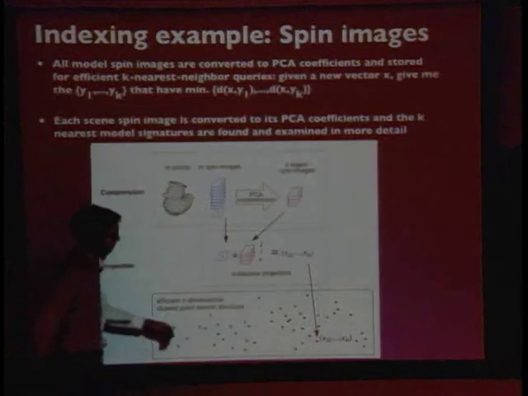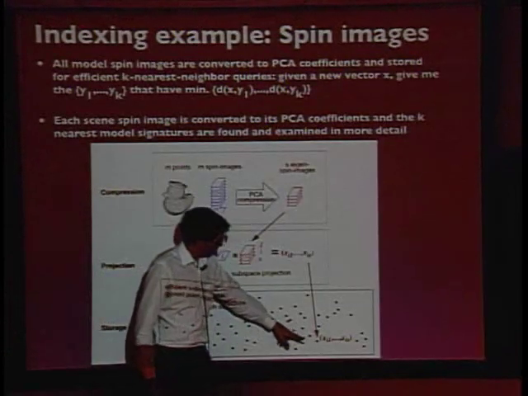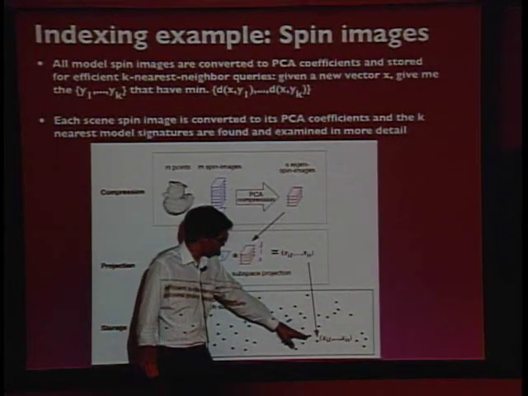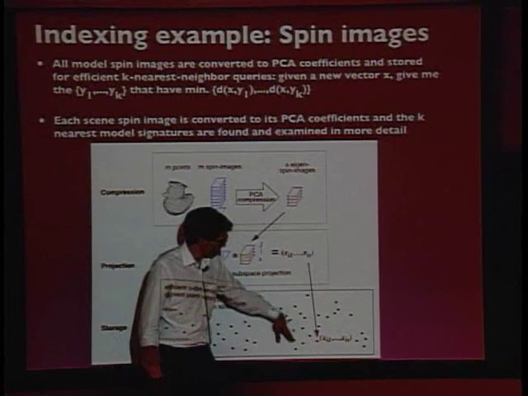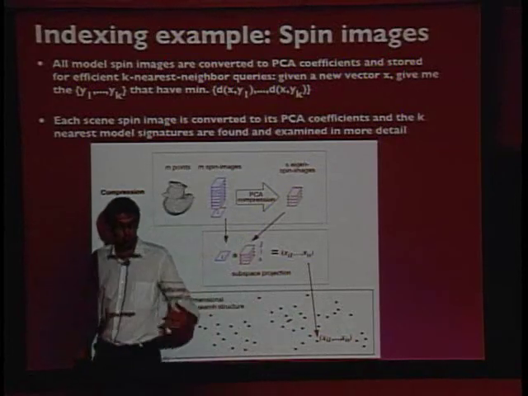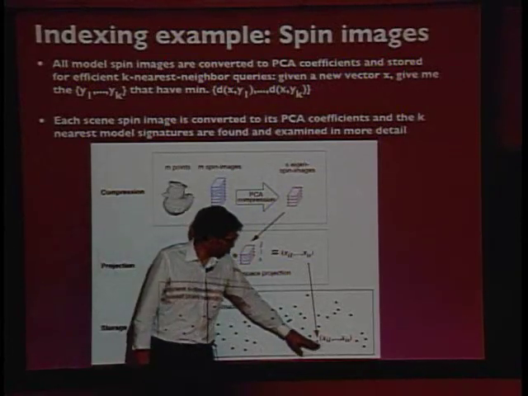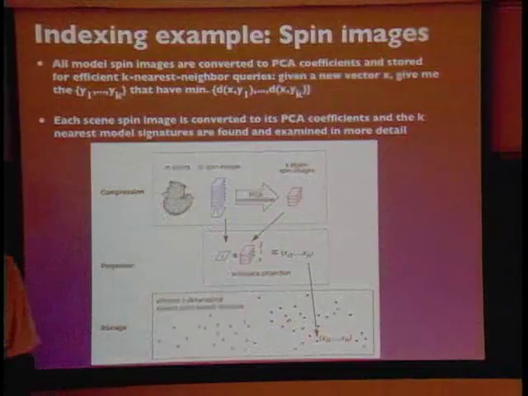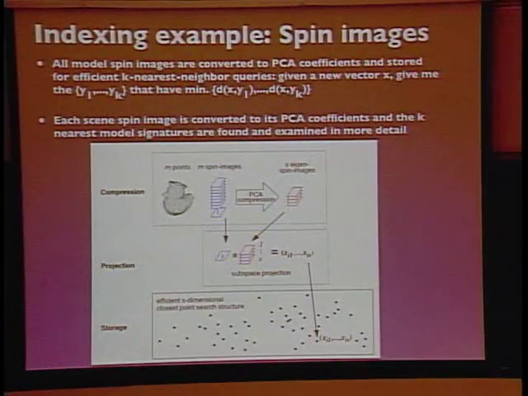And then it should be clear that if you find other eigenspin image vectors that are close to the one you're querying on, you can use that to get a sense of what model this point in the scene might correspond to.